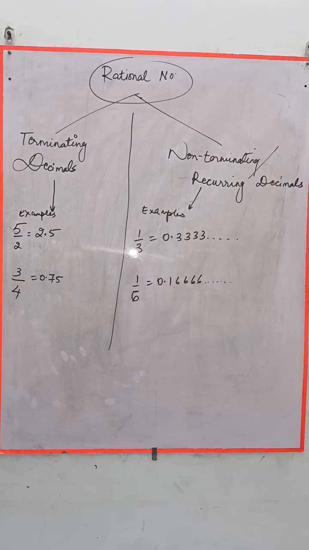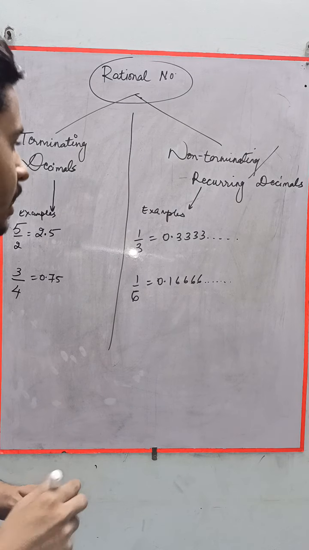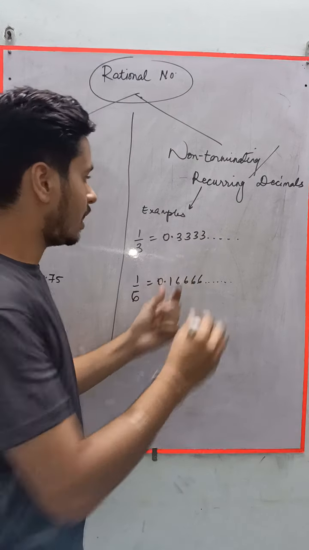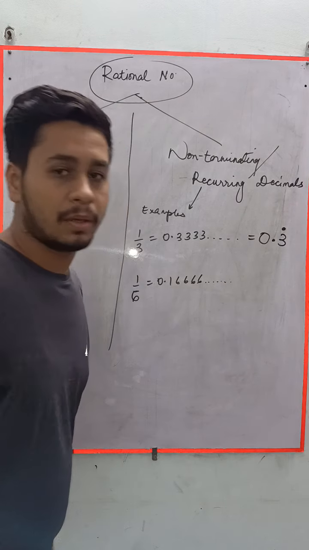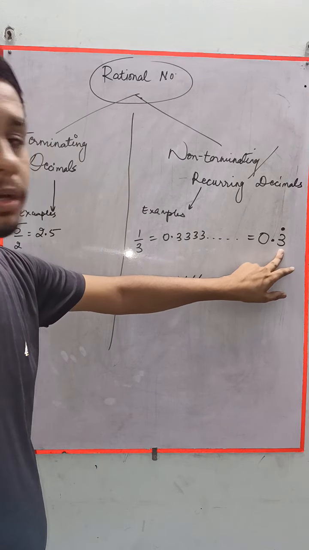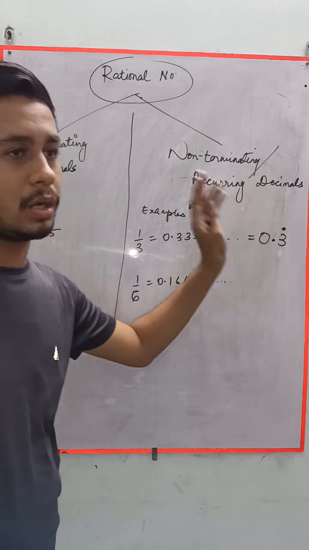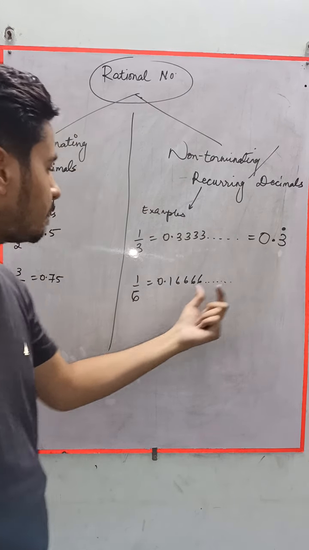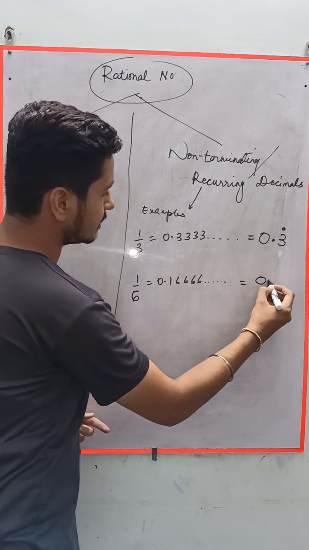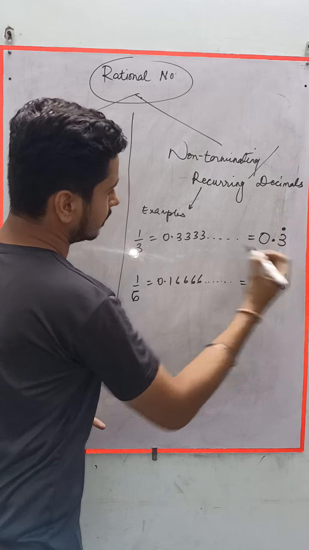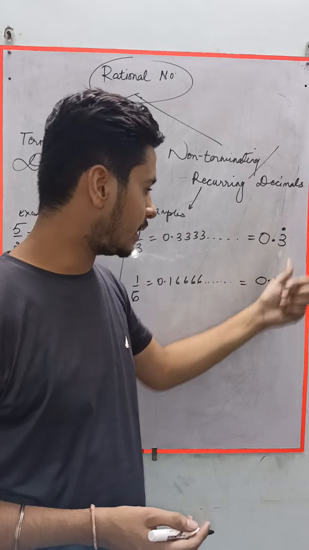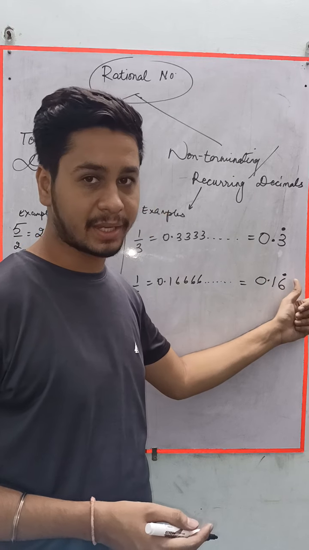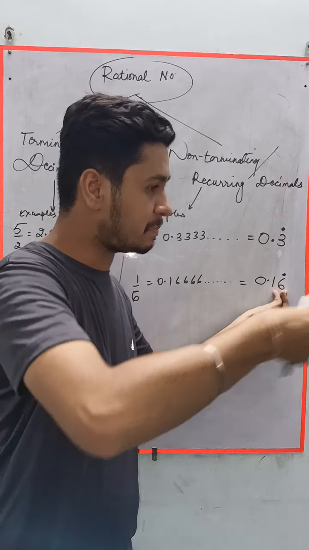Now in the non-terminating, you need to understand one more thing. Just to express this, how do we write 0.3 with a bar on the digit which is repeating? So here also, what will be the answer? 0.16 recurring, which means this 6 is repeating.